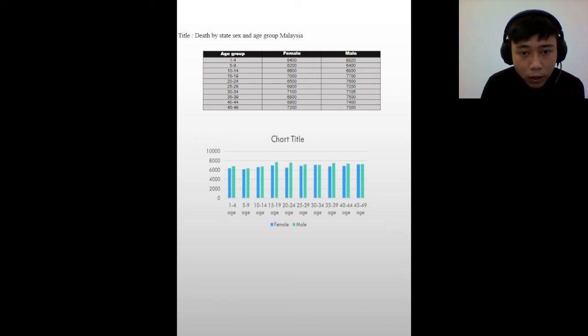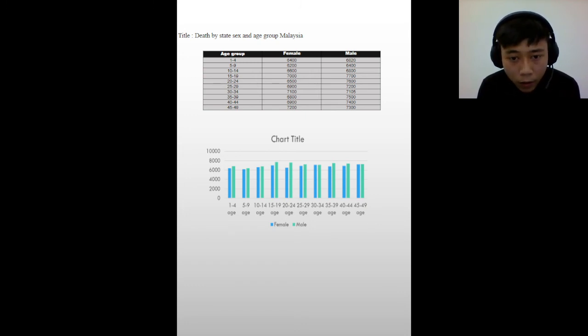And lastly, for 45 until 49, female 7,200, and male 7,300. And this downside is the bar graph, bar chart. Okay, you can see this. It has 10 categories.